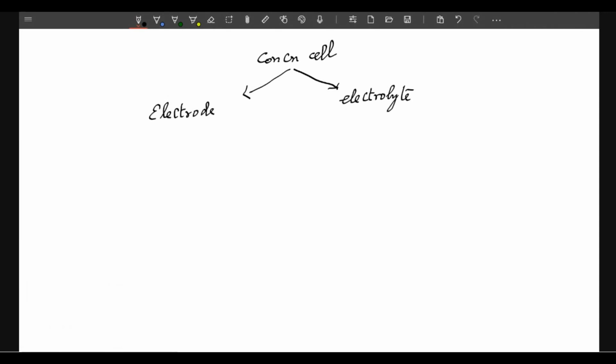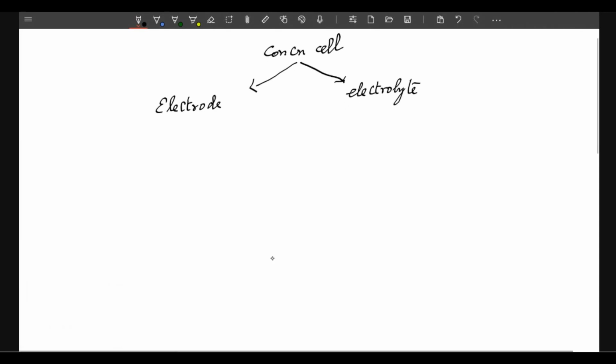How would you identify this? Suppose one is given like this: platinum, hydrogen 1 atmosphere, H+, salt bridge, H+, hydrogen 0.8 atmosphere, platinum. Find out whether it is a concentration cell or not, and if it is, to which type it belongs, electrode or electrolyte concentration cell.